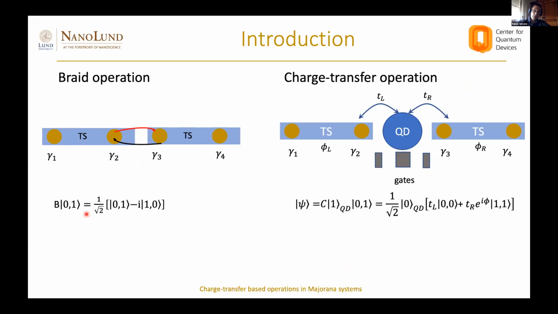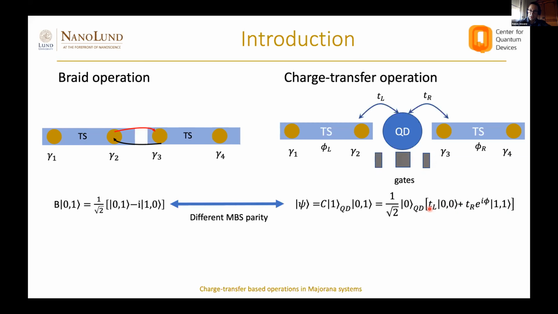So let me compare a braid operation with a charge transfer-based operation. Starting from 0, 1, a braid operation leads to a superposition between 0, 1 and 1, 0, while the charge transfer-based operation leads to a superposition between 0, 0 and 1, 1, meaning that the Majorana parity is different in the charge operation than in the braid operation. If we want to recover something similar to the result of the braid operation, we need to remove one electron from one of the sides.